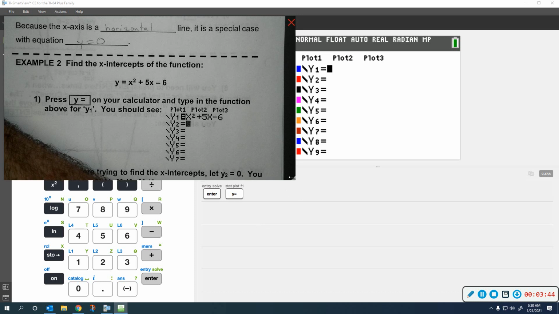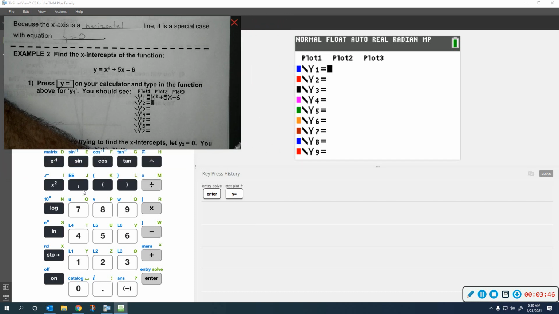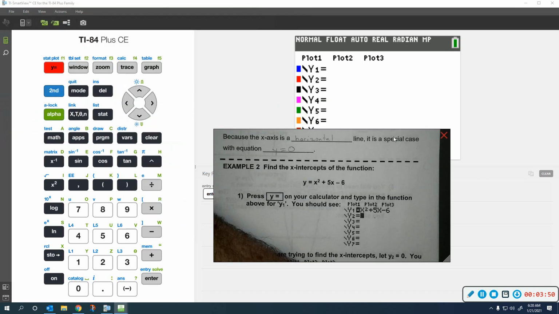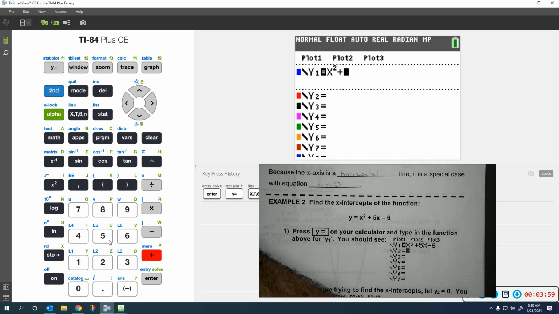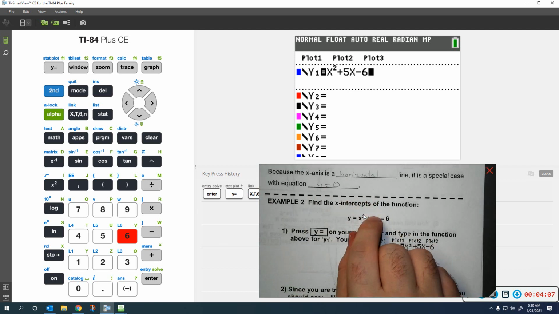So it says x squared plus 5x minus 6. I'm just taking this quadratic and putting it in the calculator in y equals.